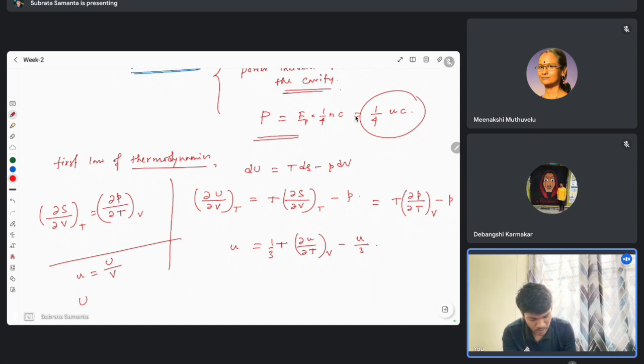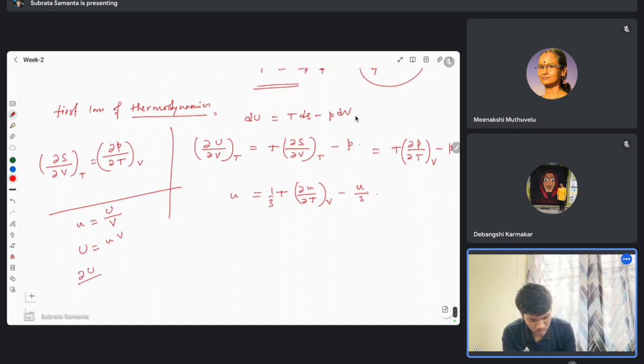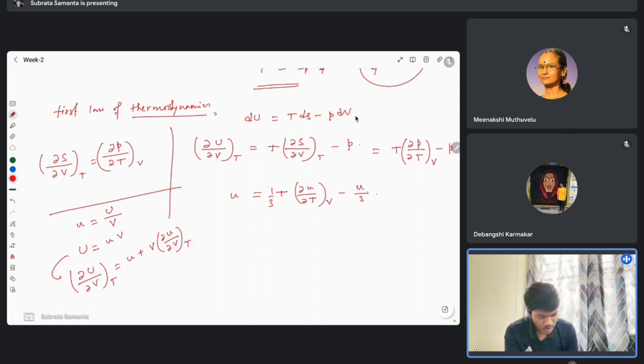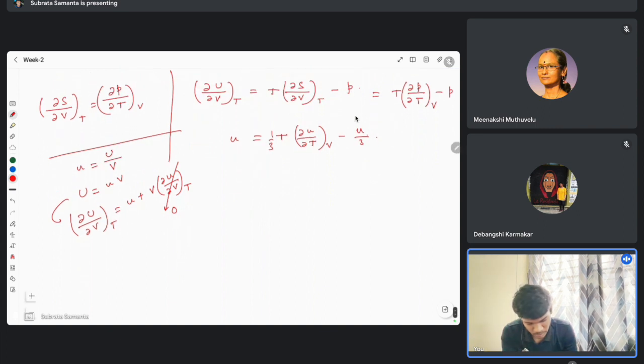So now if U is small u times capital V, ∂U/∂V at constant temperature, we differentiate this, we get u plus V times ∂u/∂V at constant T. Now this ∂u/∂V is 0, because the energy density, that is the total energy per unit volume, is independent of the volume. So u is independent of volume.